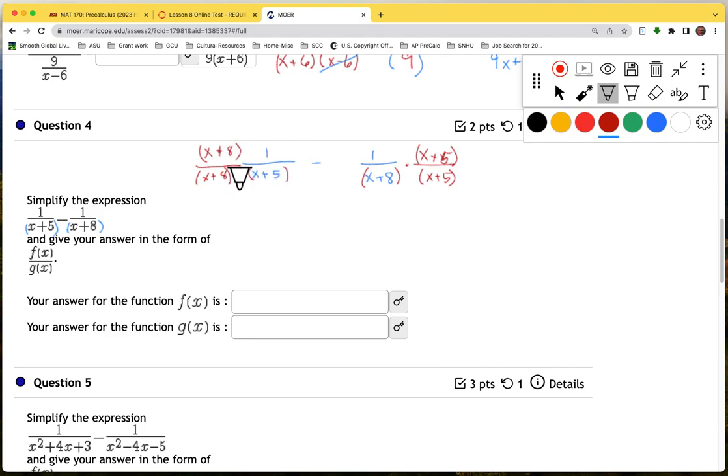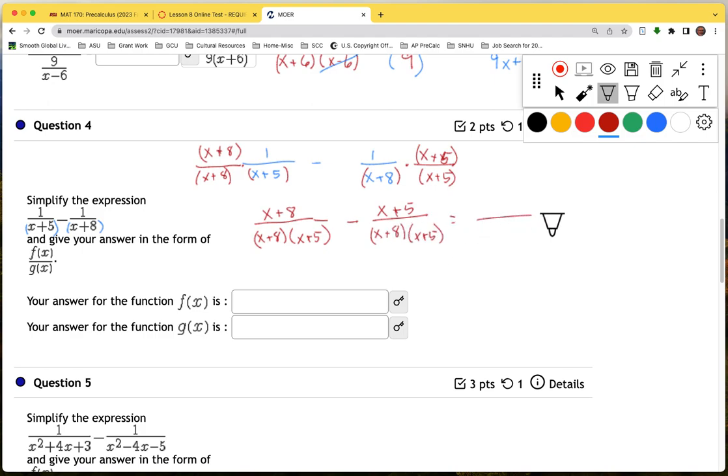It'll look different, but it's a valid way to do this. Okay, so then in the numerator, we get x plus 8 over x plus 8, x plus 5, we subtract x plus 5 over x plus 8 times x plus 5.